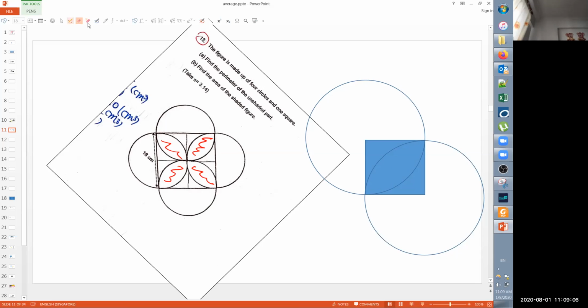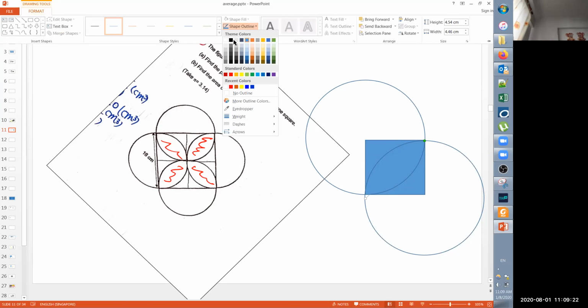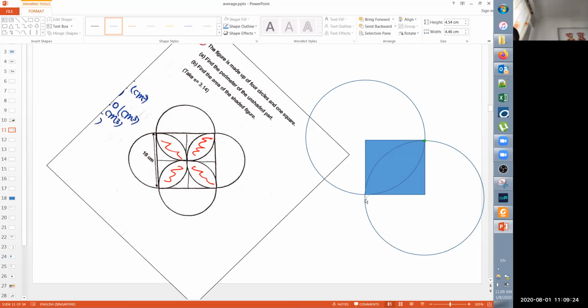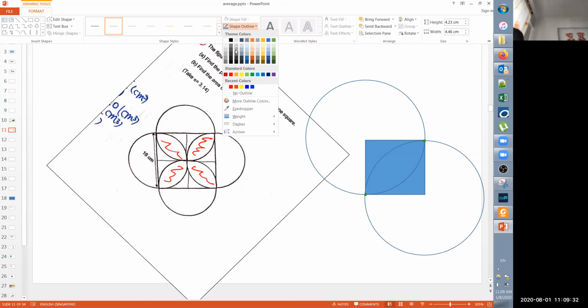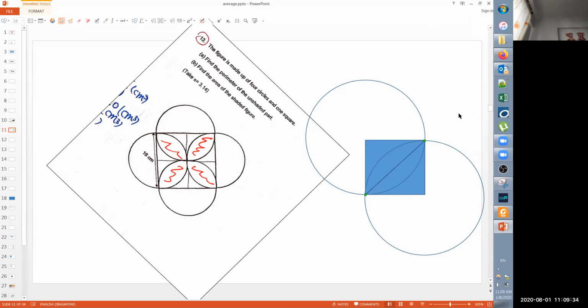What if I add a line here? Let me change the color of the line so that you can see. If I add a line here, what you have done is actually you have divided the leaf into two halves.